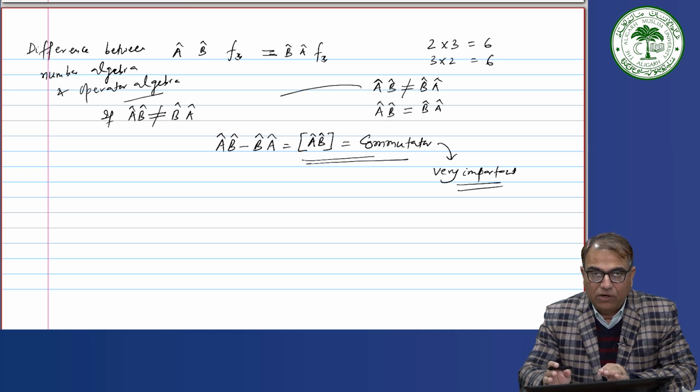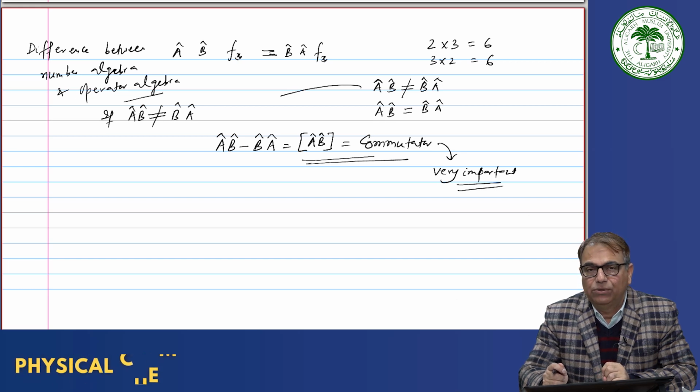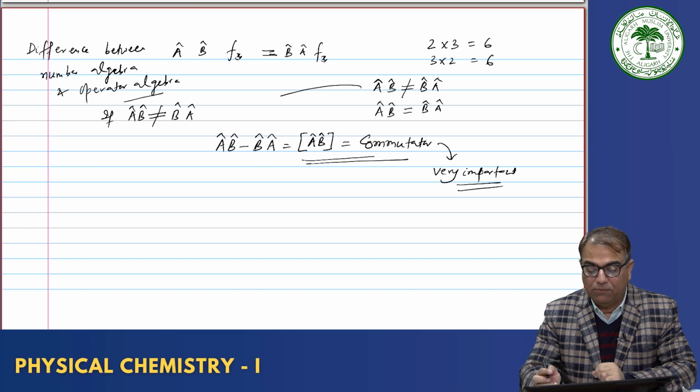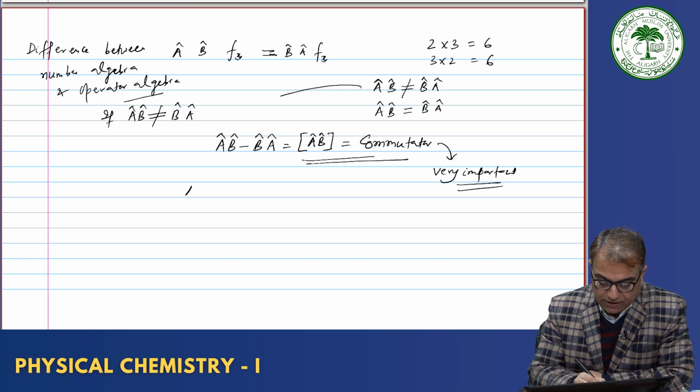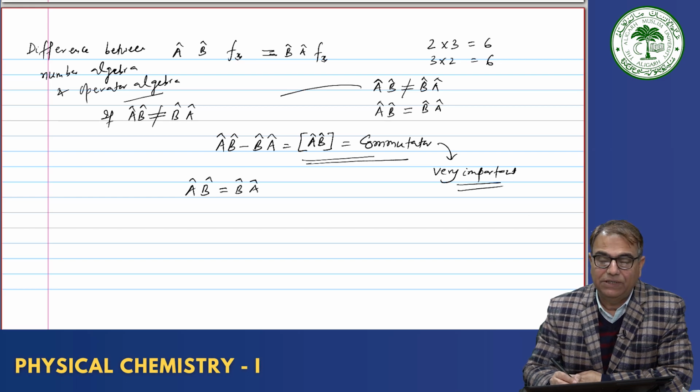And then we will try to find out the commutator of two operators, position and momentum, and we will see whether they commute or not. If AB is equal to BA, we say they commute with each other.